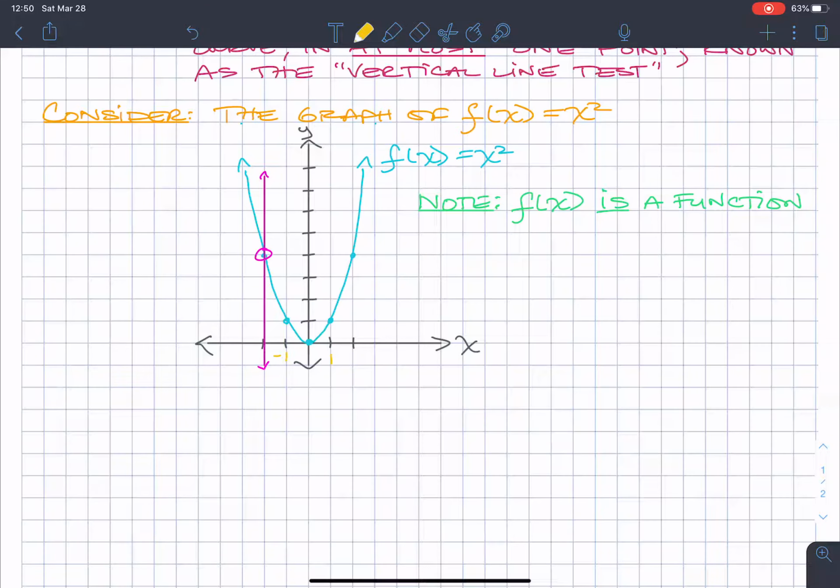If I plug those in, so what happens? f of -1 would be quantity -1 squared. -1 times a -1 is a positive 1. Also, f of 1 is 1 squared, which is also 1. So there's two values of x that map to the same value of y.